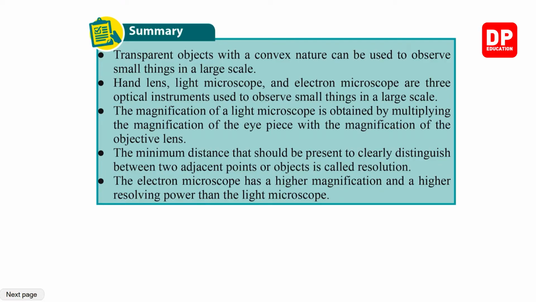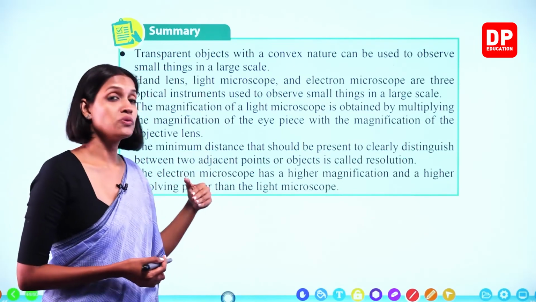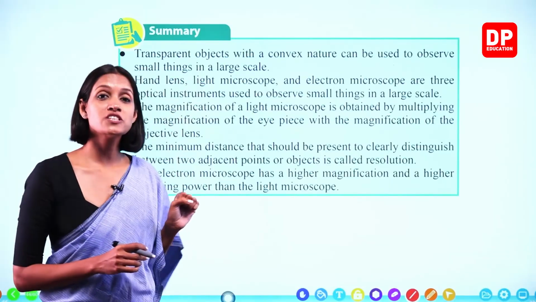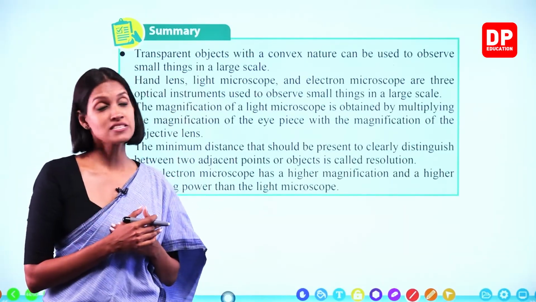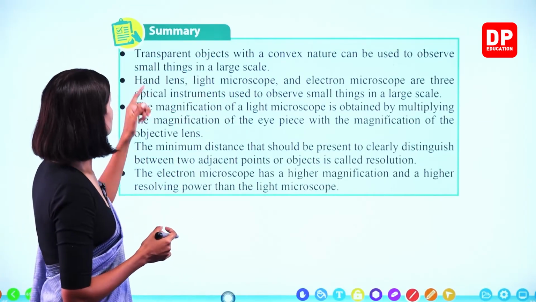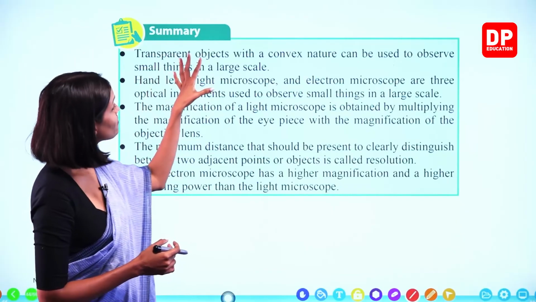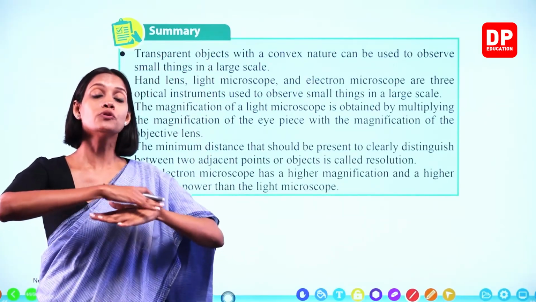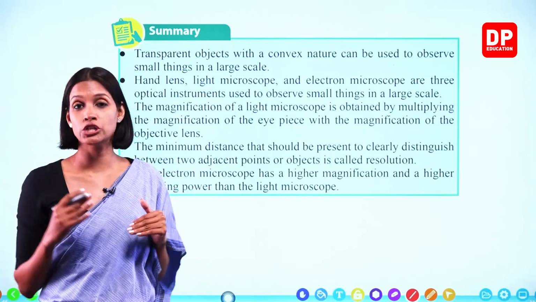Right, the summary. Transparent objects with a convex nature can be used to observe small things on a large scale. As the first experiment, we used a number of objects with transparent and convex surfaces. Convex nature means a surface that is protruded or curved outwards.